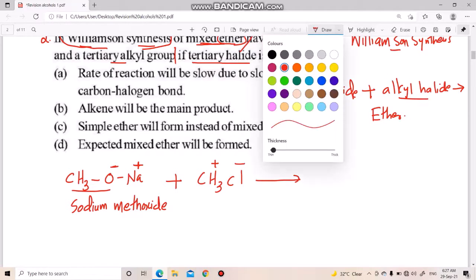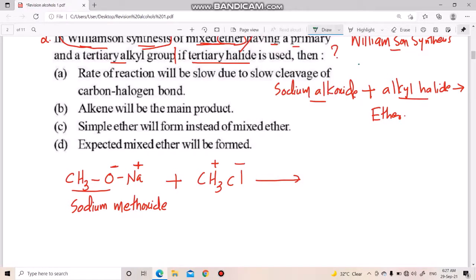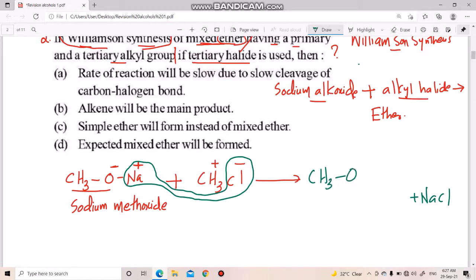So can you predict the product? Na plus and Cl minus combine to form the byproduct NaCl. What is remaining? CH3O negative and CH3, plus NaCl. What is this compound?